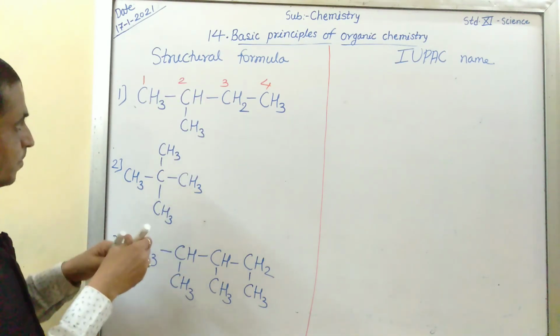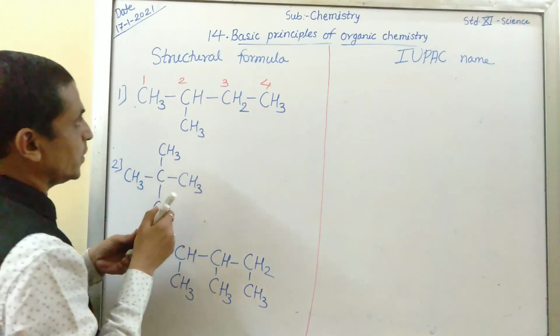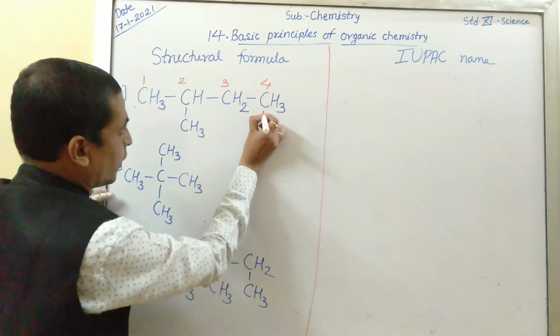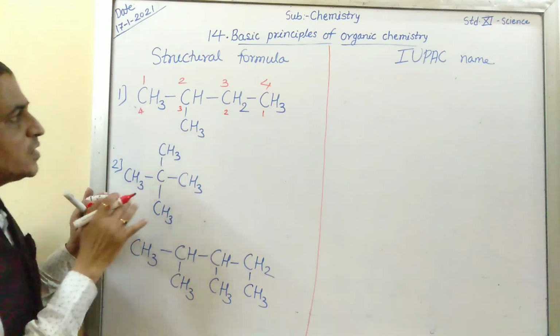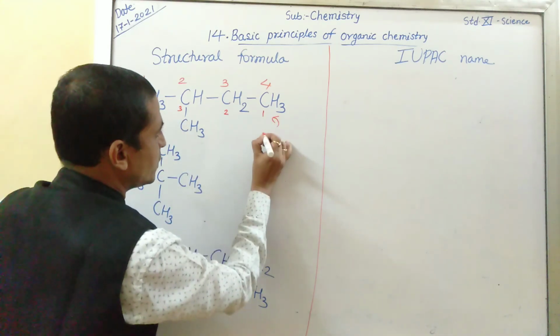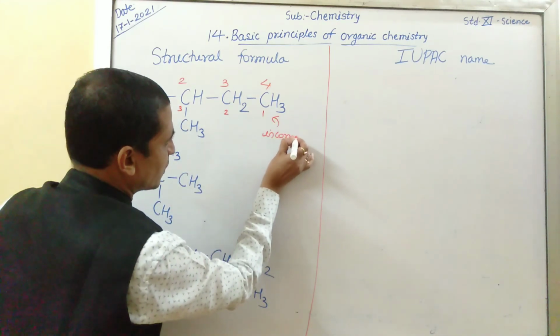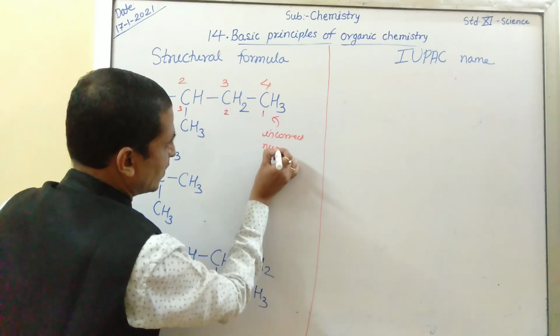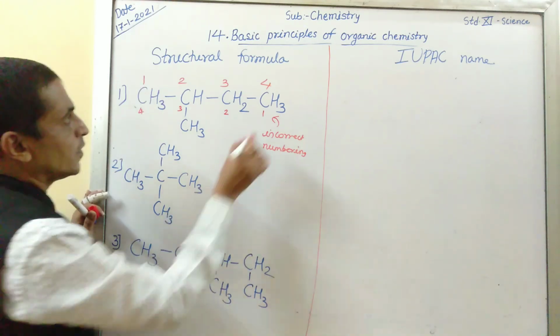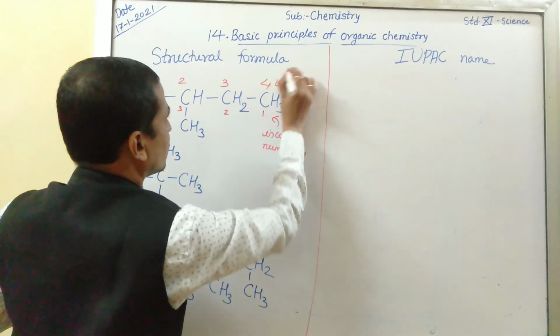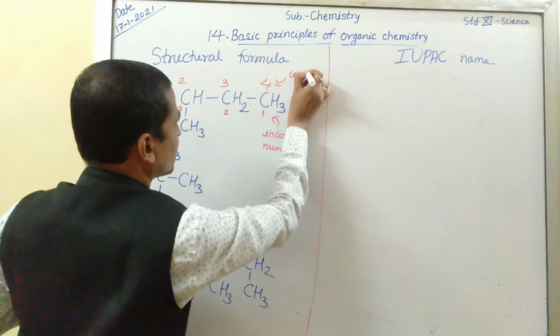But if you give this type of numbering 1, 2, 3, 4, this is incorrect numbering. And this one is correct numbering.